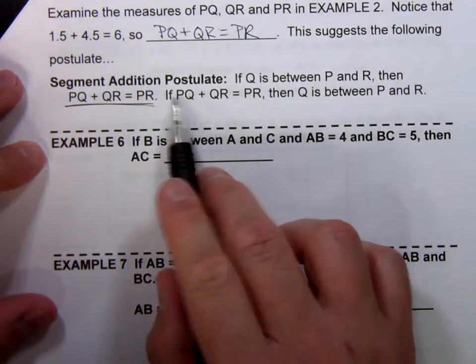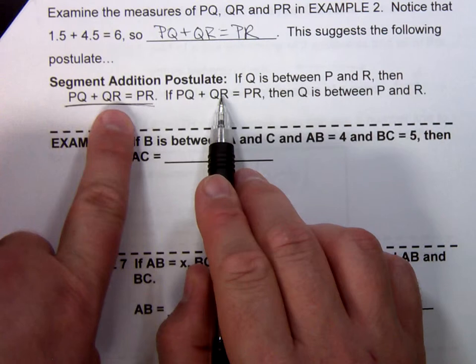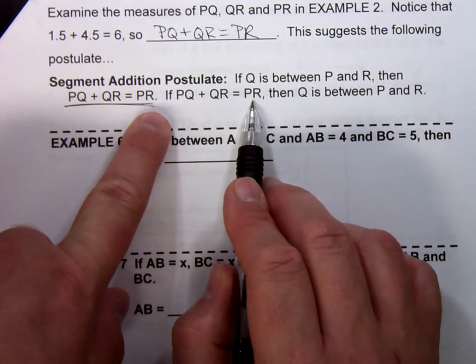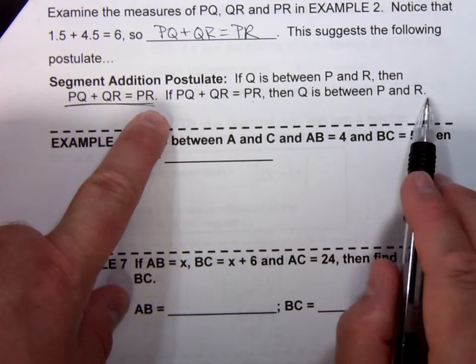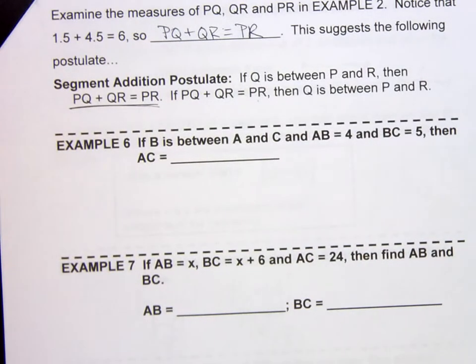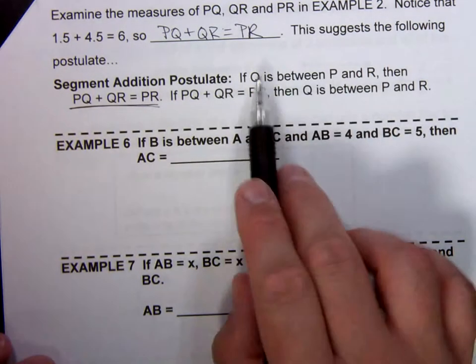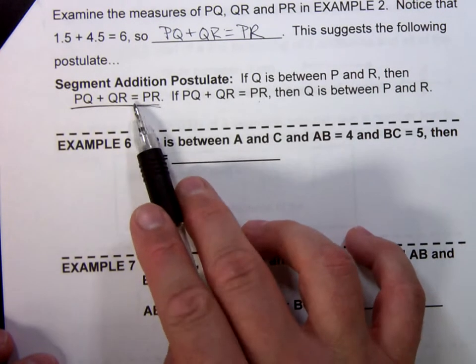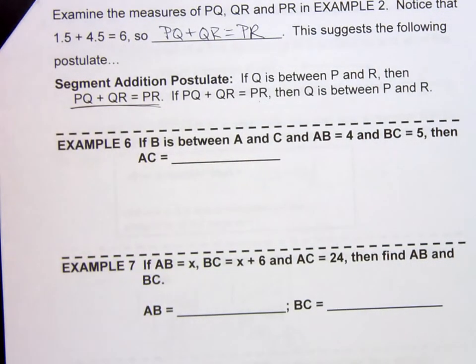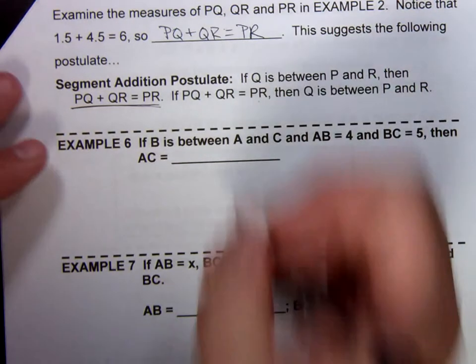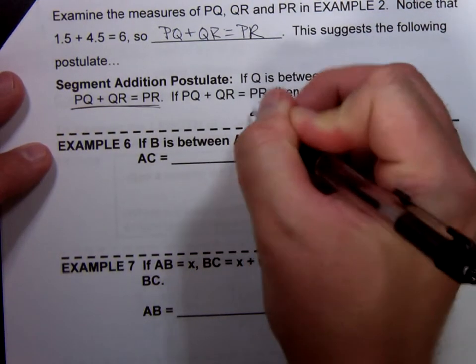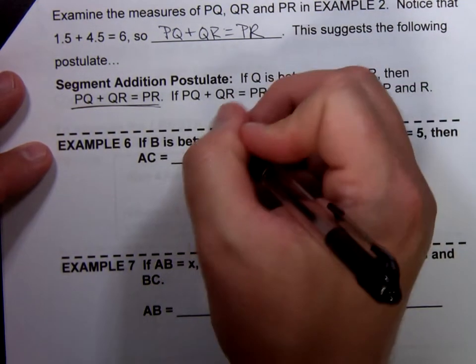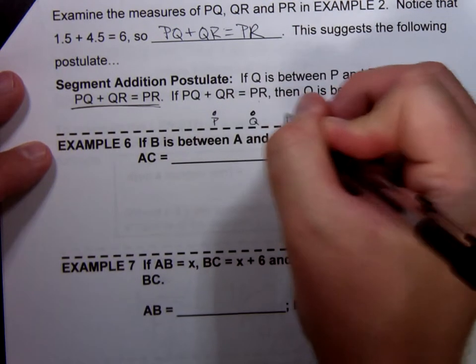If the distance from P to Q plus the distance from Q to R is equal to the distance from P to R, then Q is in between P and R. So it works both ways. If you know this point is between these 2 points, then this has to be true. If you already know this is true, then Q has to be between the 2 points. It works both directions.